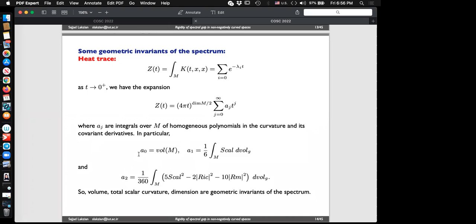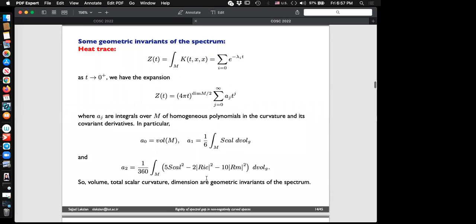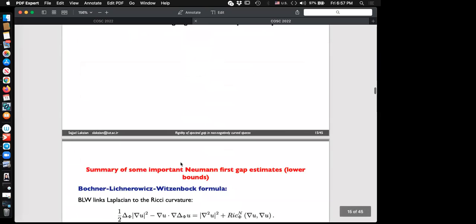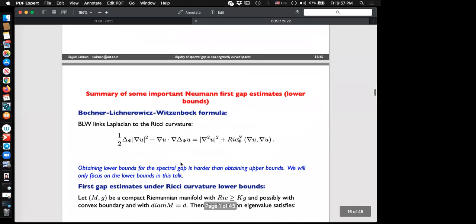For example, a0 is the volume, so we can know the volume of the space. We can know the total scalar curvature of the space, and some other curvature functions like this one, scalar squared minus norm Ricci squared plus 10 norm Riemann squared, the total of this quantity. But we cannot know the metric, basically. That's what I'm trying to say.